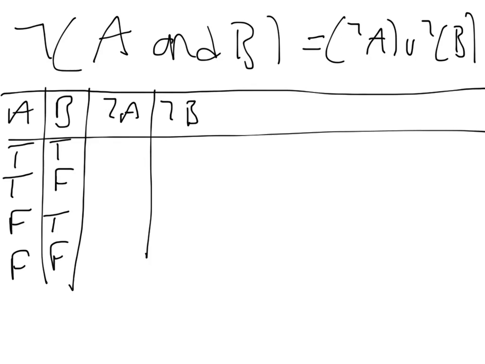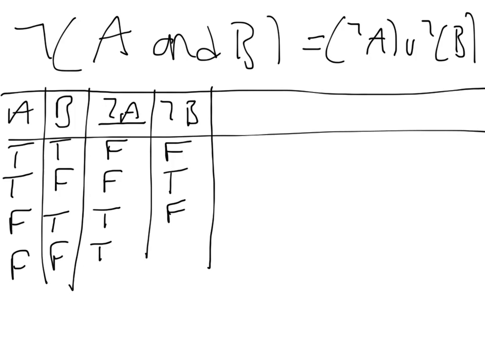The negation of A is the opposite of A, so it's going to be false, false, true, true. And same goes for B, where B is true, this is false. Where B is false, this is true. So we've got that down.